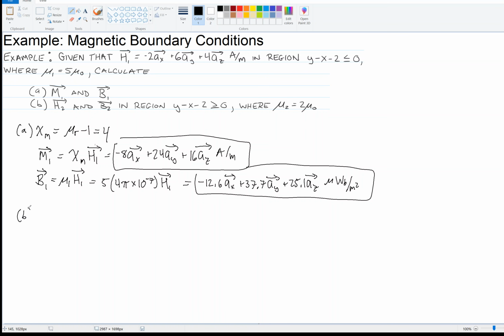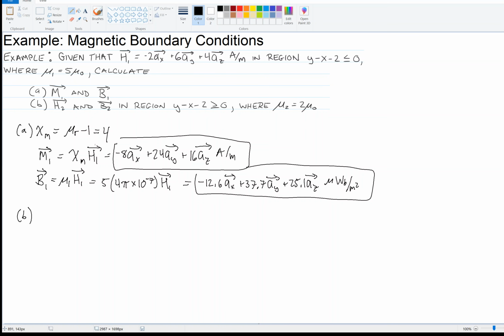So part A was straightforward. Let's do part B. So what we've got here now is we want to calculate the magnetic field and the flux density in the other region. So we have this equation of a plane, y minus x minus 2 equals 0, is the separating plane, and then below 0 is region 1, and then above 0 is region 2.